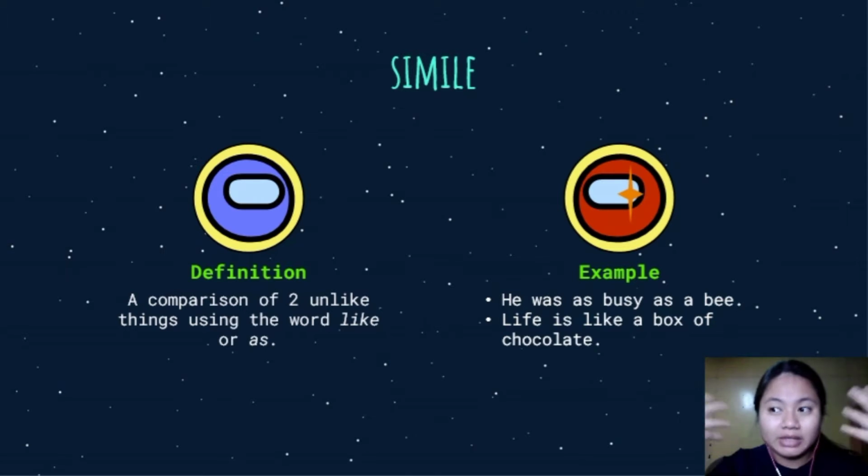So the person who wrote this example, life is like a box of chocolate, maybe thought of life as something happy, life that is full of happiness. That's how you compare two unlike things together.